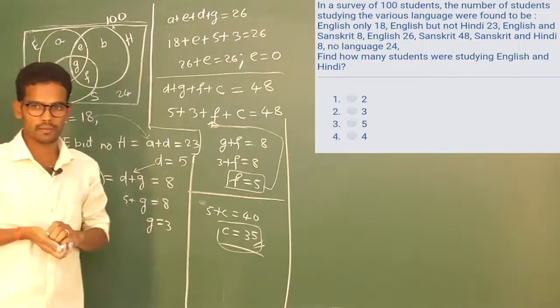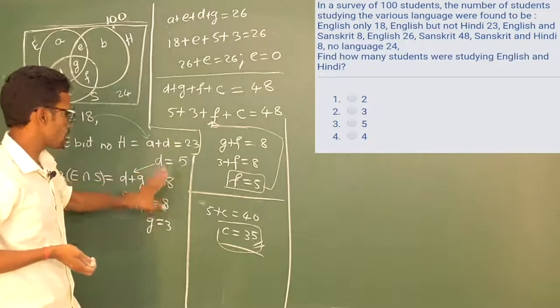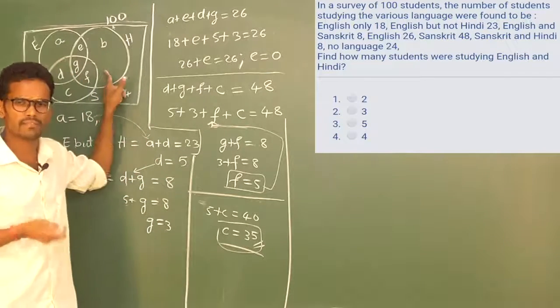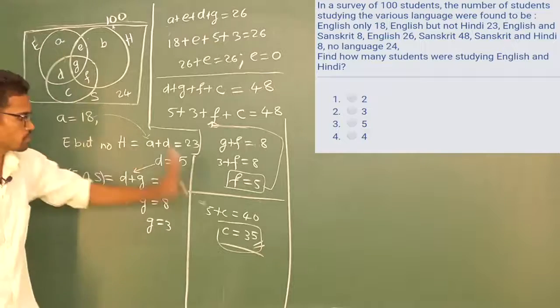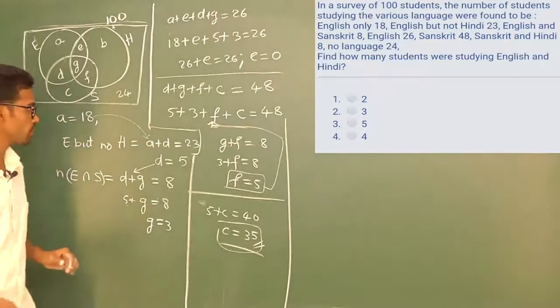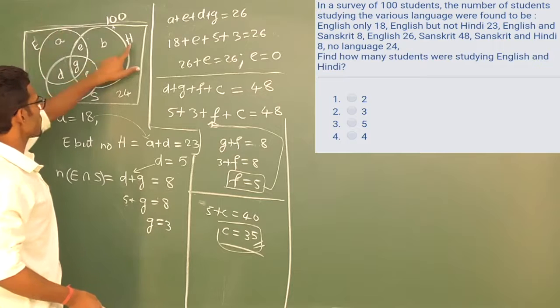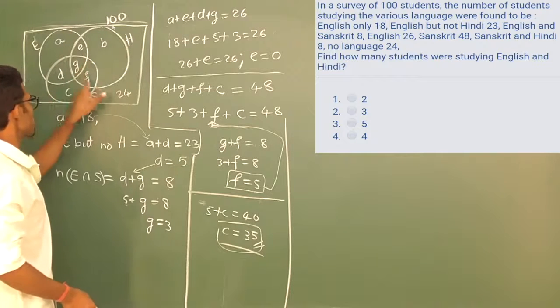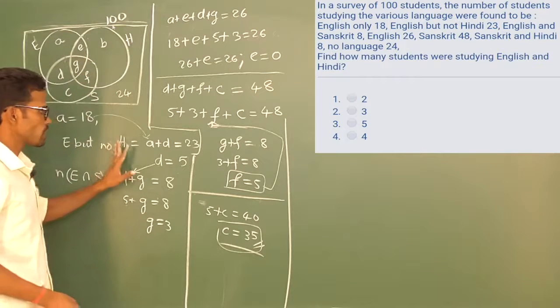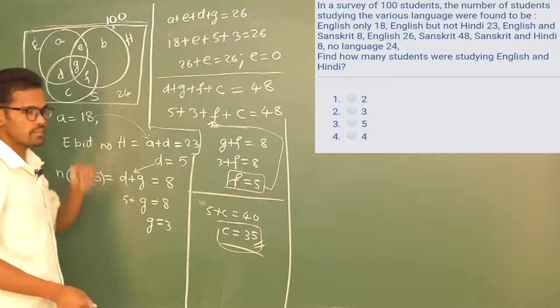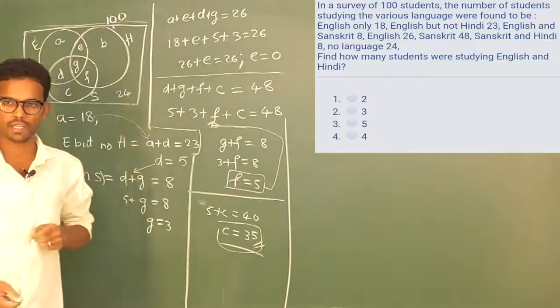By the way, what are they asking? Till now we found this much, and based on what they ask, we can find any answer. Sir, why do you solve this much longer, this much bigger? Because based on the question we can find any answer. Say for example they are asking how many Hindi, B plus E plus G plus F, like that. So, this is what you have to do before you solve this kind of questions. Okay, anyway, let us see what they are asking.